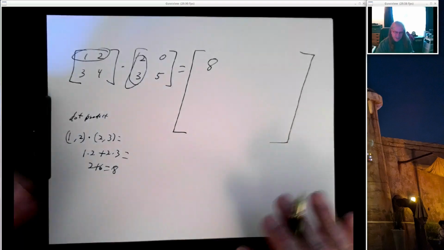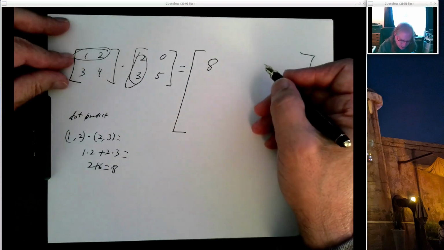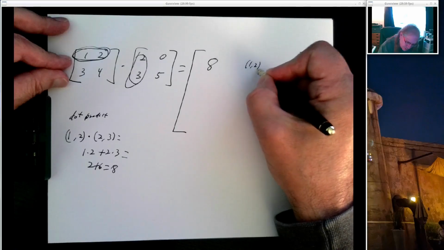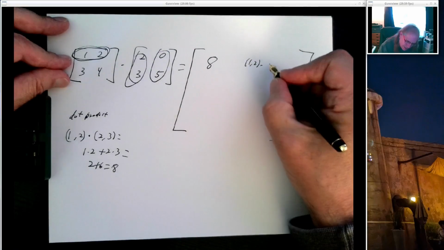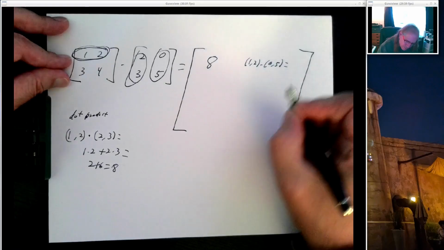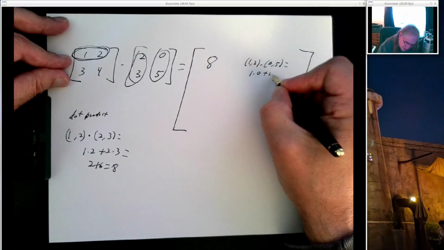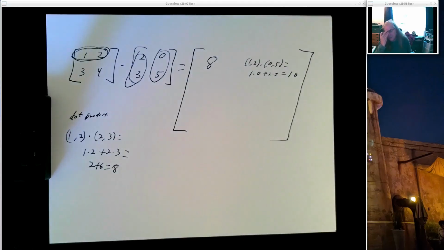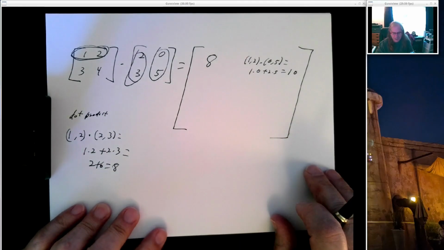To find the thing in the upper right corner, we'll take the first row and we'll dot it with the second column, which is 1 times 0 plus 2 times 5, which is just 10. So there's a 10 up here. So we could be using our summation ideas here, right?